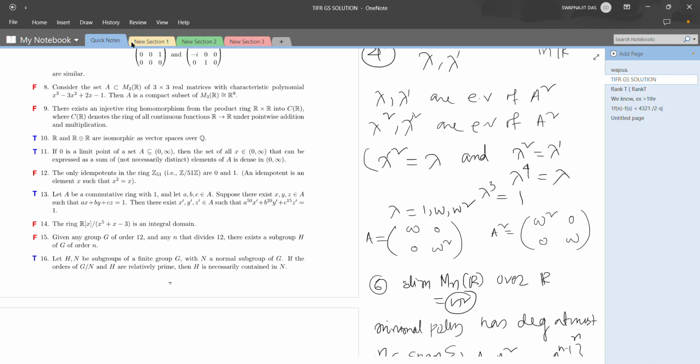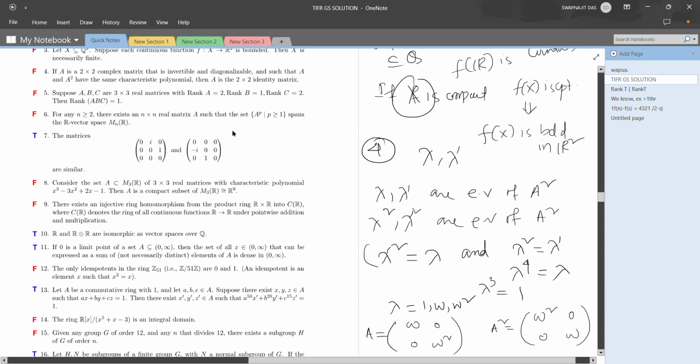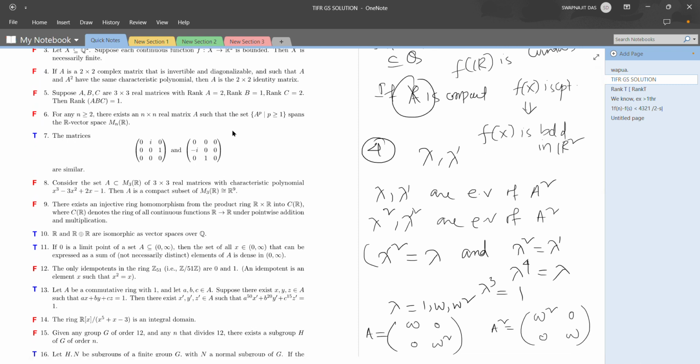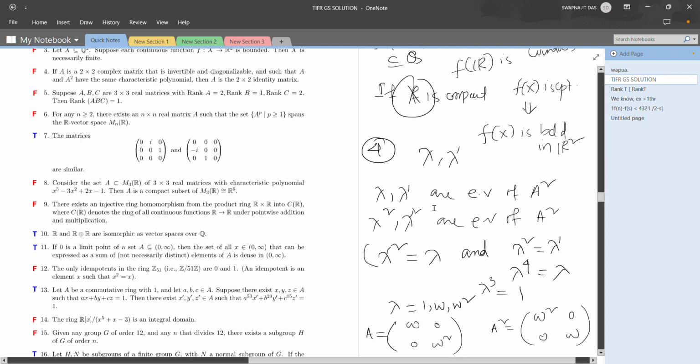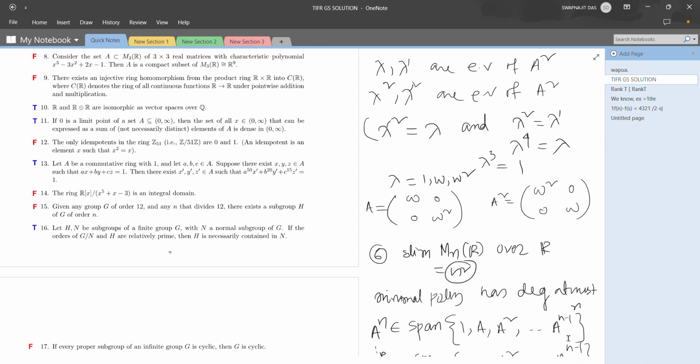So in particular, if you take this spanning set for any A, if you take the set of A^p and take its span, then the dimension is at most n, because it always lies in the span of 1 to A^(n-1).